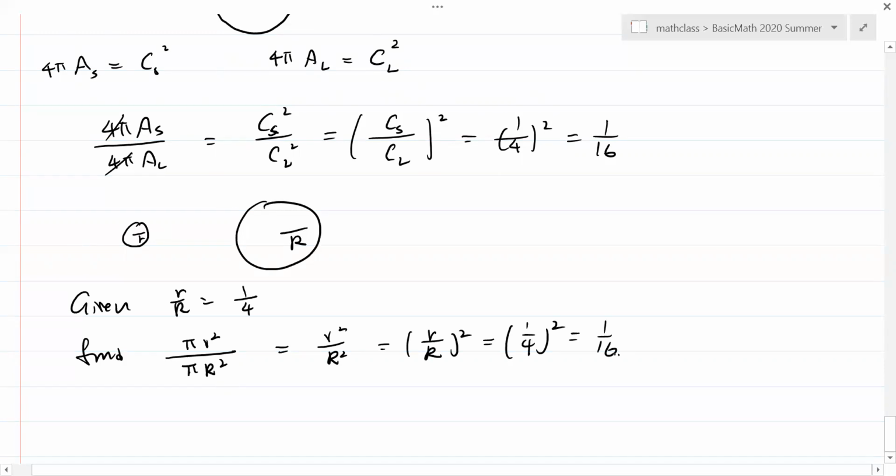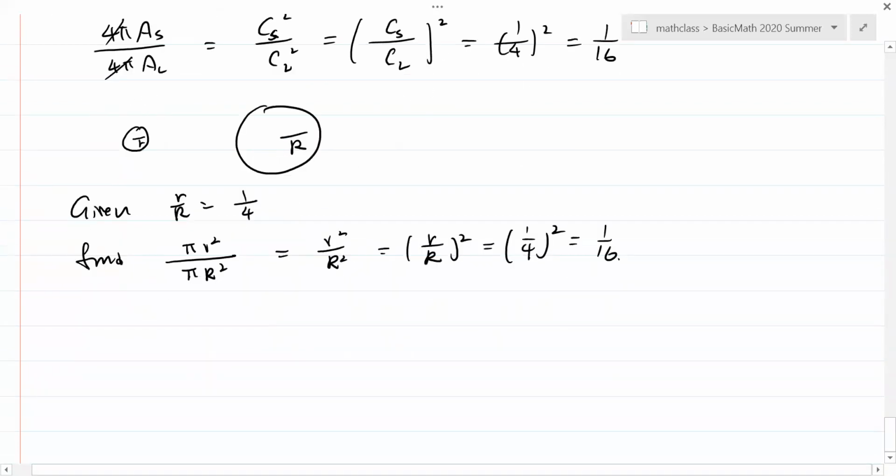Okay, it's 1 over 16 because 4 squared is 16. Yeah, be careful about this.